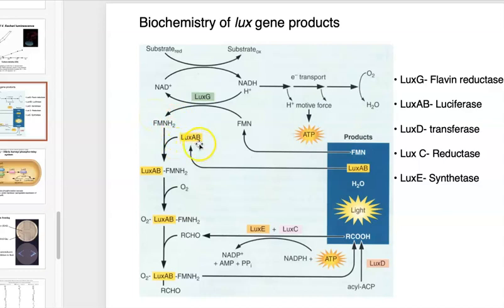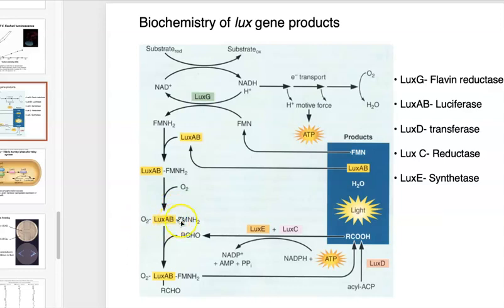LuxA and B is the so-called luciferase, the main enzyme here. And so the reduced flavin mononucleotide, the enzyme luciferase, and oxygen combine. Here's the reduced flavin, here's the enzyme, and here's oxygen.